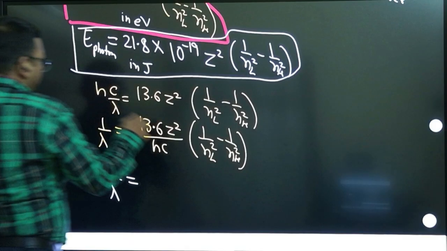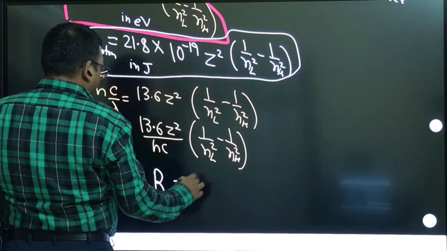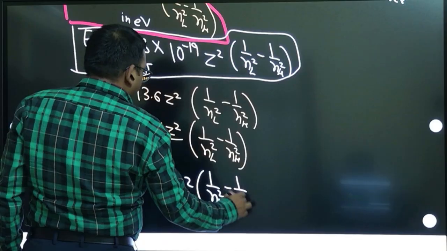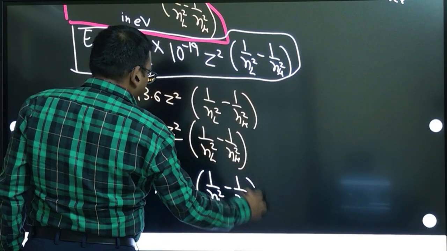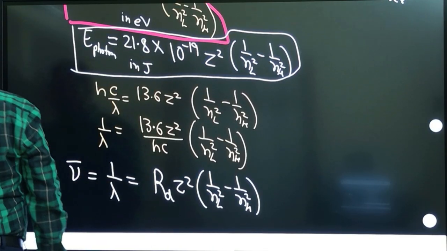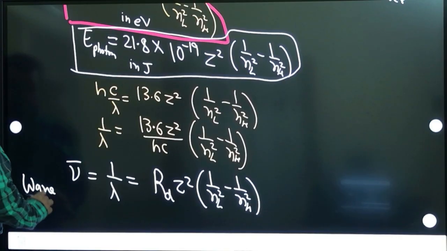This factor will come, the Rydberg constant Rd, Z square times 1 by n L square minus 1 by n F square. This is also called what? Wave number. It's also called wave number.